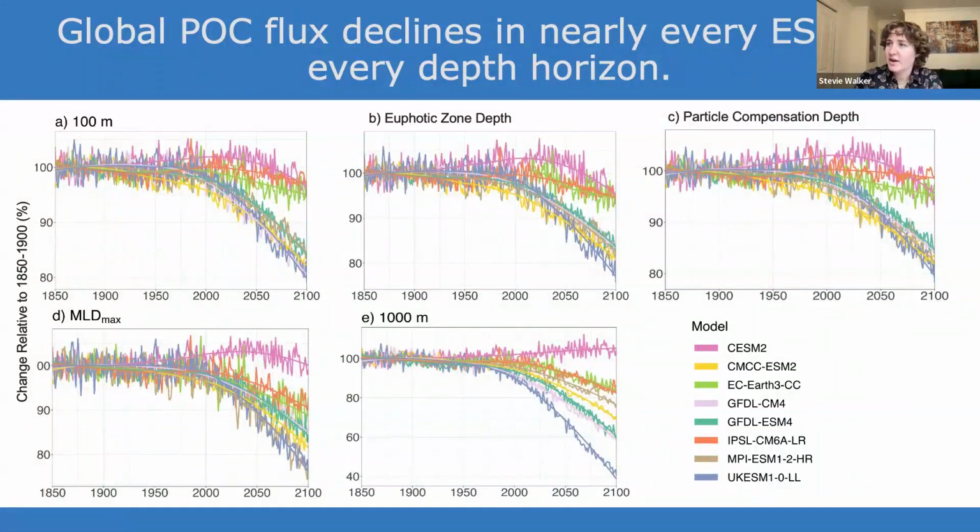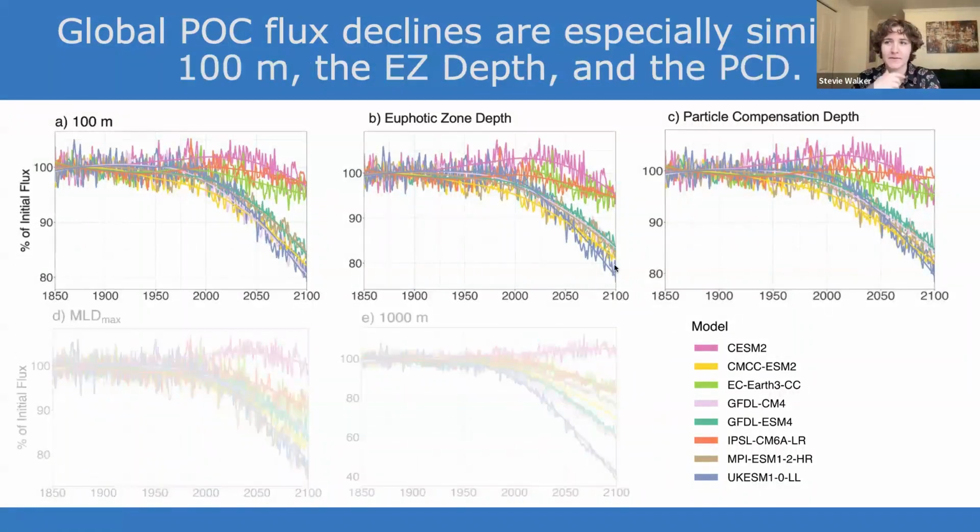And as you can see, POC flux declines in nearly every model at every depth horizon, but the amount of decline does vary across depth horizons. So, in particular, these patterns of decline look rather similar at 100 meters, the euphotic depth, and the PCD.